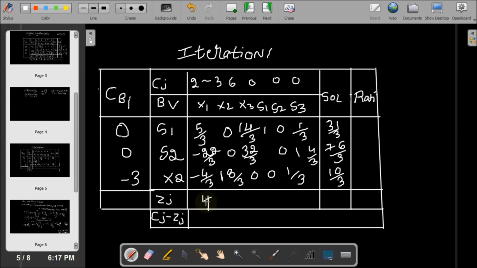Okay, next values I will write directly. Minus 3, minus 8, 0, 0, minus 1.